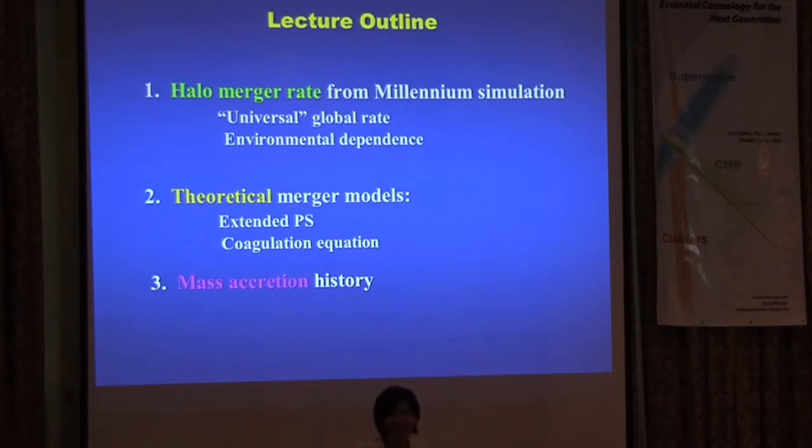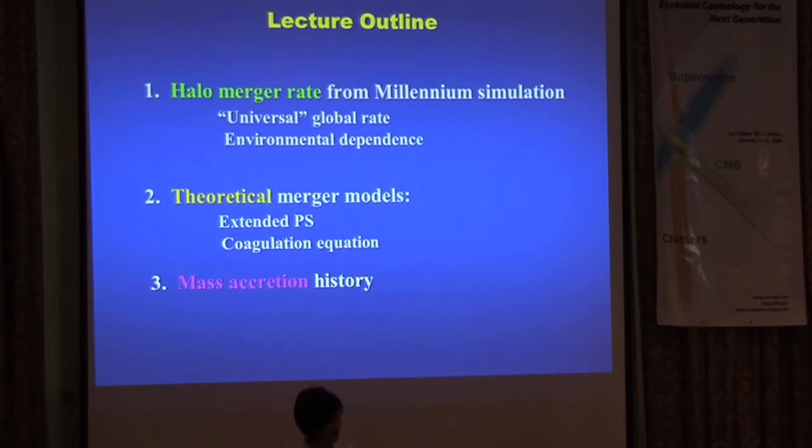So the basic idea here is dark matter. As we saw, there are these initial fluctuations, and they will go through the linear phase, and then they will collapse nonlinearly. They don't really spontaneously just collapse at different points in space and then just sit there and accrete dark matter particles.